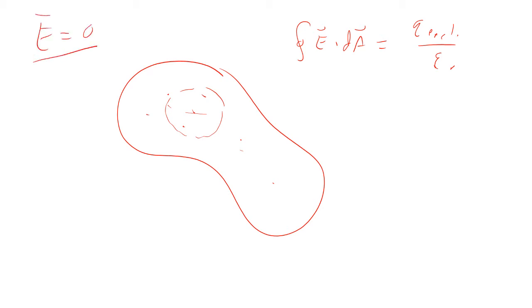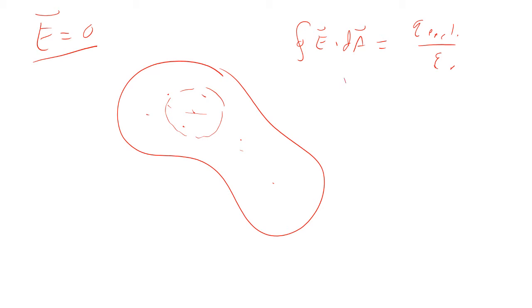Now let's imagine I draw an imaginary Gaussian surface in here. I know that the integral of E dot dA is going to be equal to the enclosed charge over epsilon naught. Right away, I know that the electric field is 0 inside the conductor.